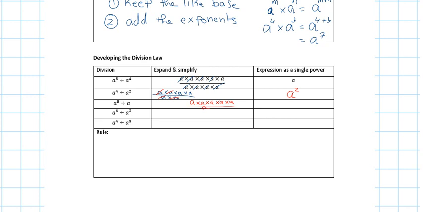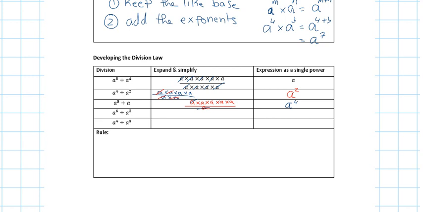Can you tell me what would be the answer for the next one? A to the power of 4. How did you get that? 6 minus 2. So we are subtracting the exponents now, right? Because we are reducing. Good. So in this case, I'm going to keep the same base, and I'm going to subtract my exponent.